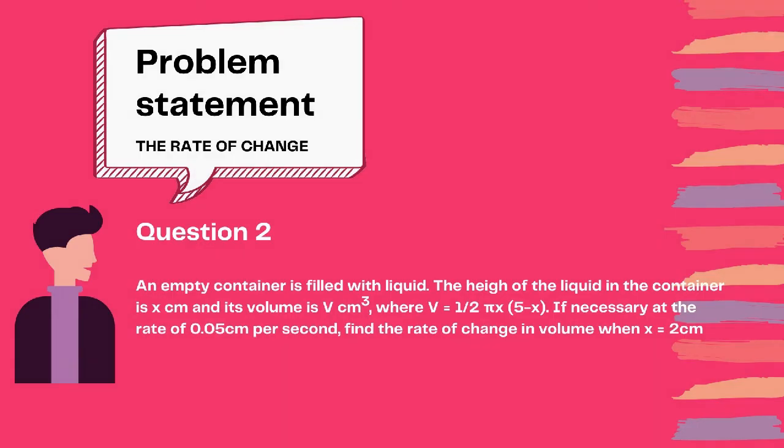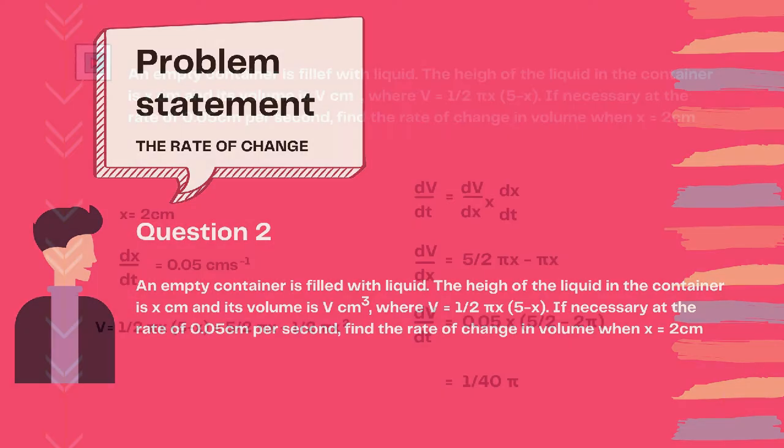Question number 3. The question is, an empty container is filled with liquid. The height of the liquid in the container is x centimeters and its volume is V, where V equals 1 over 2 pi x (5 minus x). The rate of dx over dt given in the question is 0.05 cm per second. Find the rate of change in volume when x equals 2 cm.